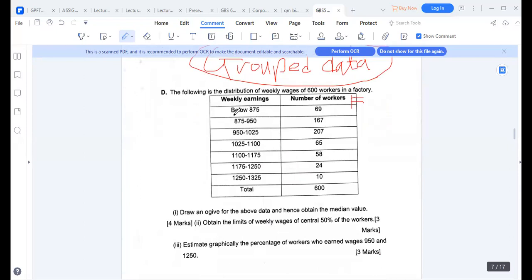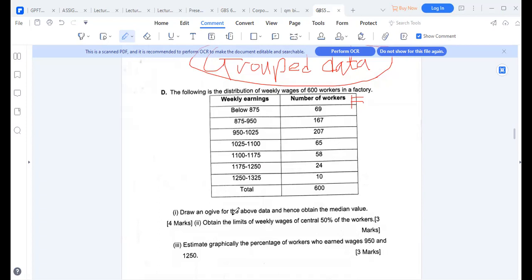Below 875 it was 69, 875 to 950 it was 167, 950 to 1025, 207, 1025 to 1100, 65, then 1100 to 1175, 58.